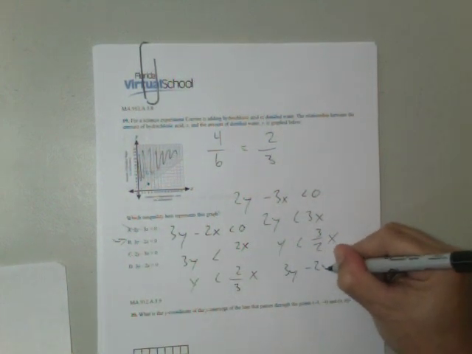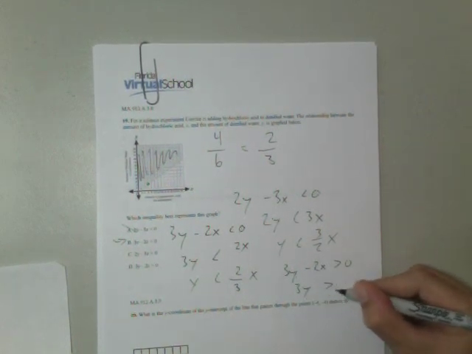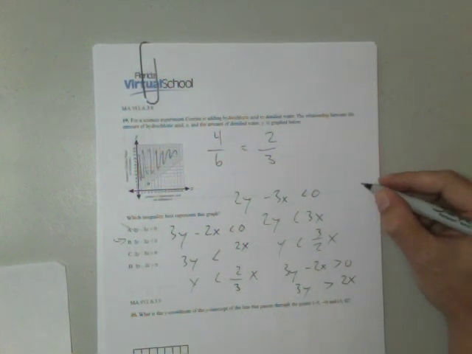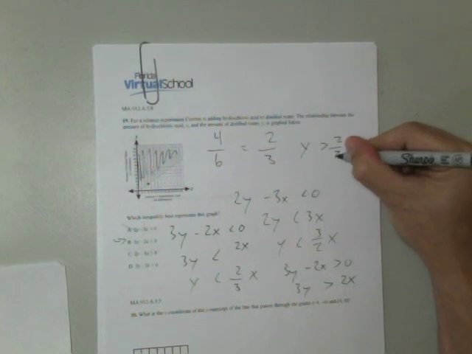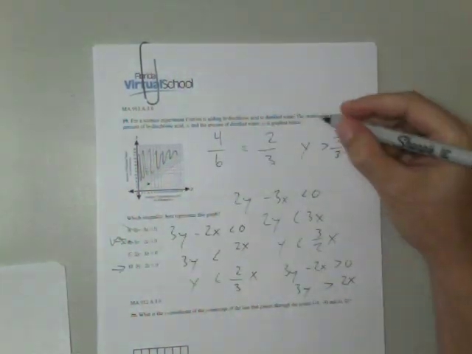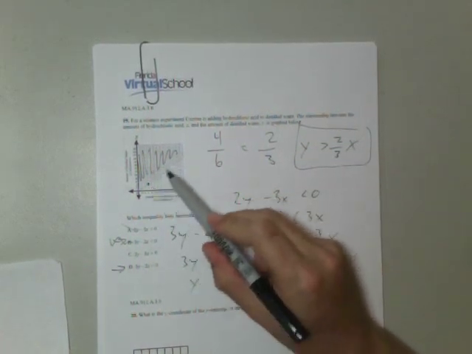3y minus 2x is greater than 0. 3y is greater than 2x. Back up here, y is greater than 2/3 x, and that's going to be the one that I pick only because this graph is shaded.